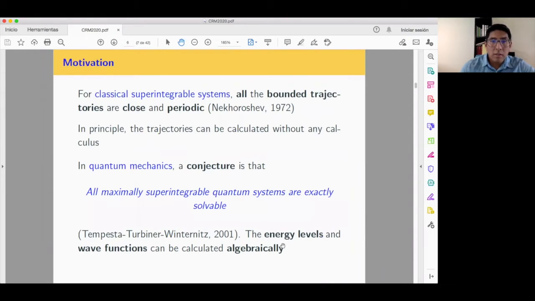In quantum mechanics, the situation is more or less similar, more or less because there is no analog of the Bertrand theorem in quantum mechanics, but a conjecture born in Montreal in 2001 is that all maximally superintegrable quantum systems are exactly solvable. It means that the spectrum as well as the eigenfunctions can be calculated by a purely algebraic procedure.